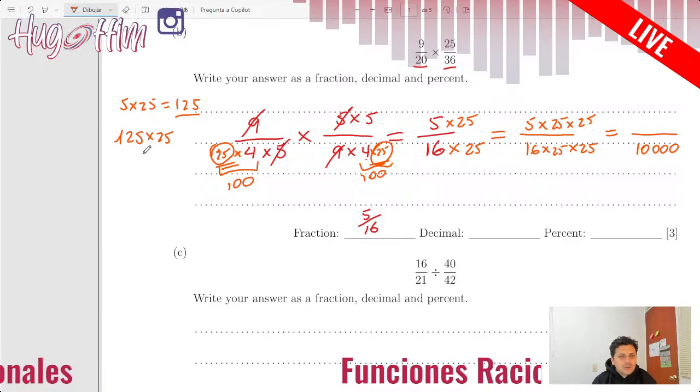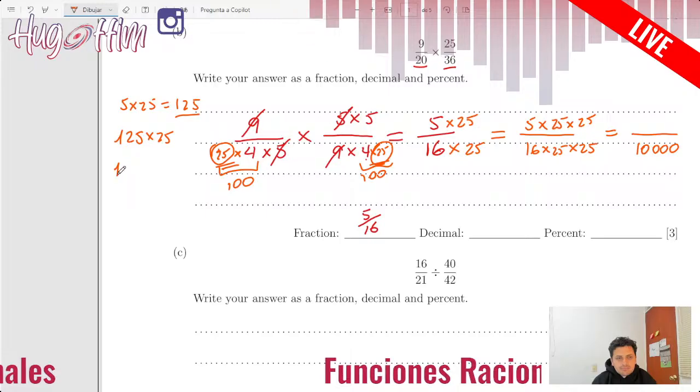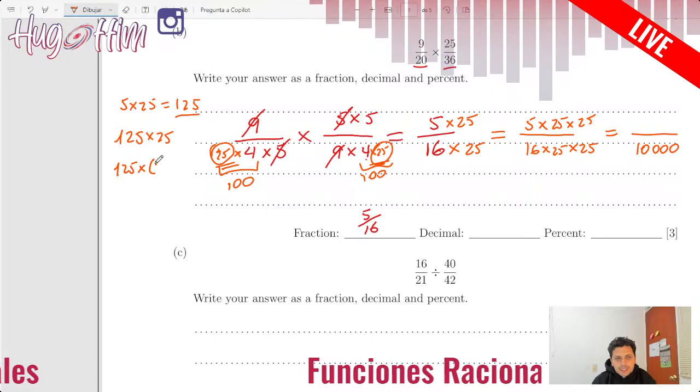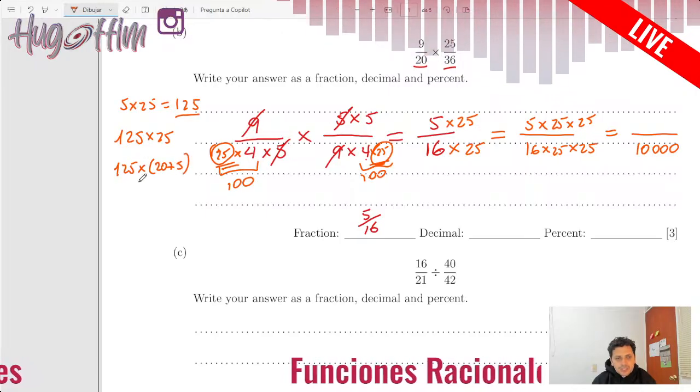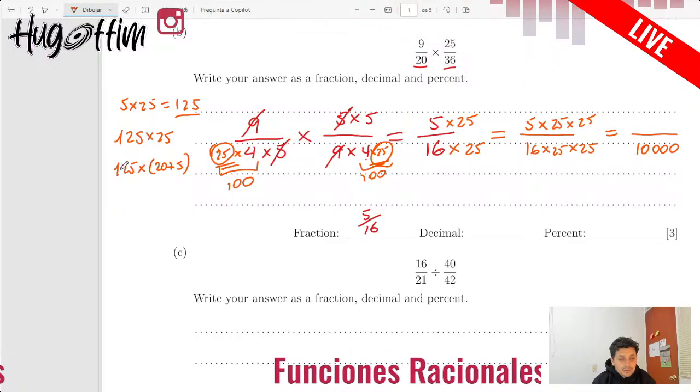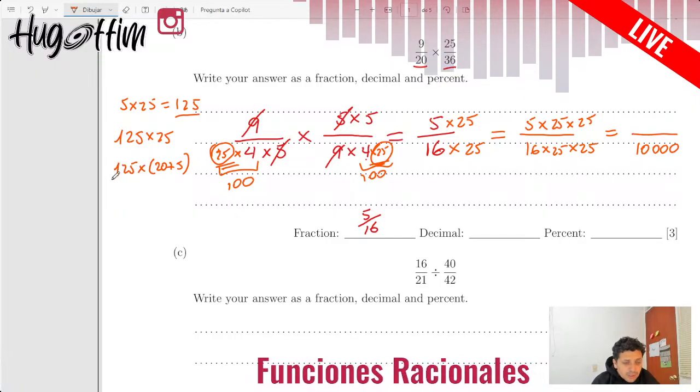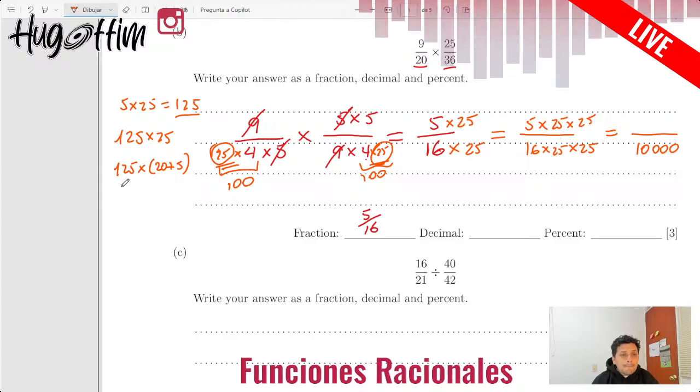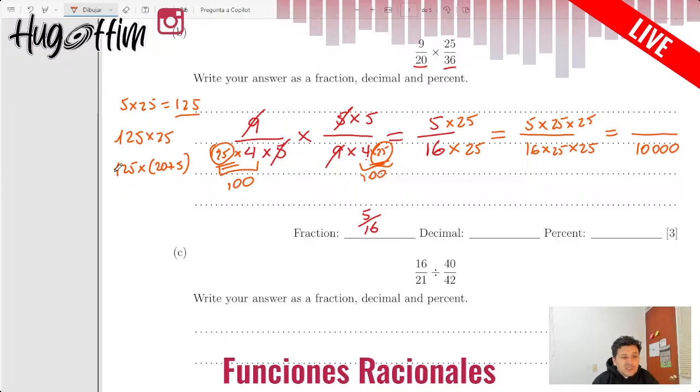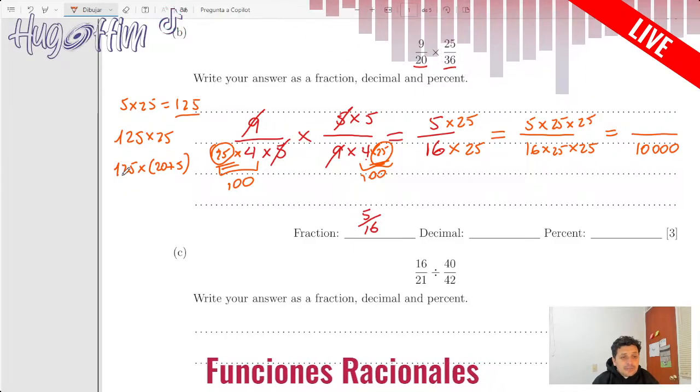Choose the best method you want to operate this. I'm going to use the distributive property, but you can use any method. 20 times 125 is going to be 2,500, and 5 times 125 should be 625.